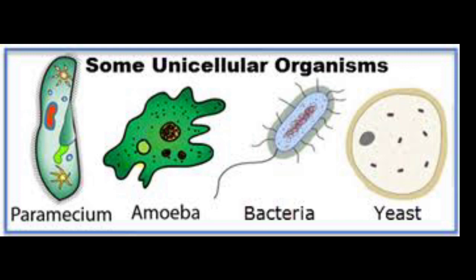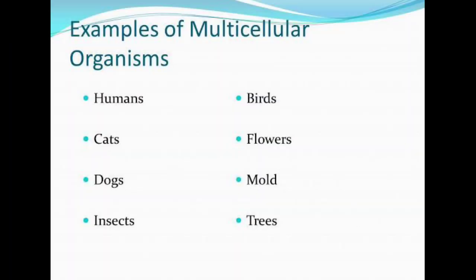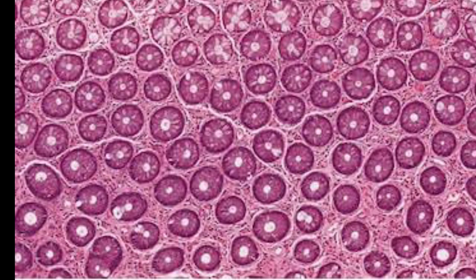The body of some organisms is made up of more than one cell, and they are called multicellular organisms. Examples: insects, frogs, plants, human beings, etc. In multicellular organisms, all the life activities like digestion, absorption, respiration, excretion, etc. are performed by groups of specialized cells called tissues.